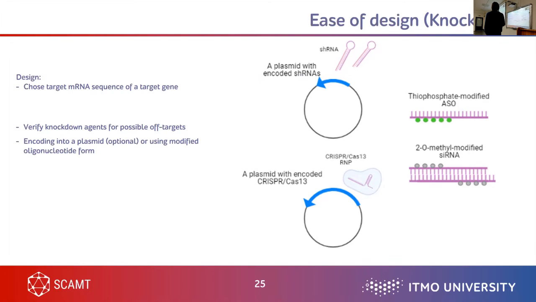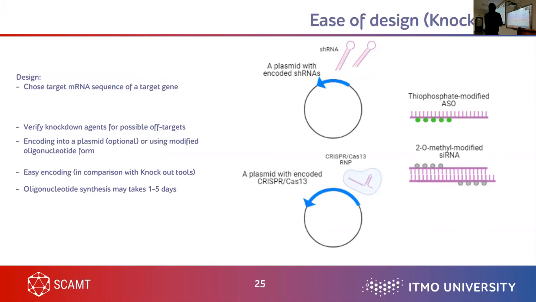If we insert our plasmid into the cell, it will produce a lot of knockdown tools, and it's hard to control. It's better to deliver only the native form of our knockdown tools.